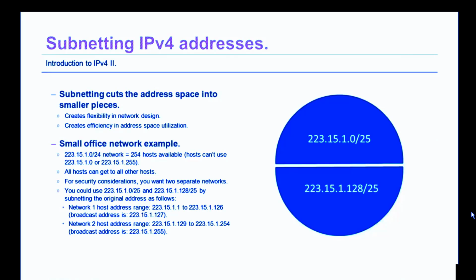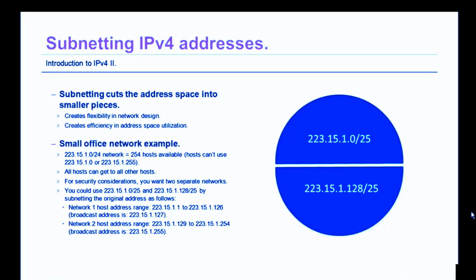That's because you can't use the network address, which is 223.15.1.128, and you can't use the broadcast address, which is 223.15.1.255. Each of those subnets would have 126 possible host addresses.